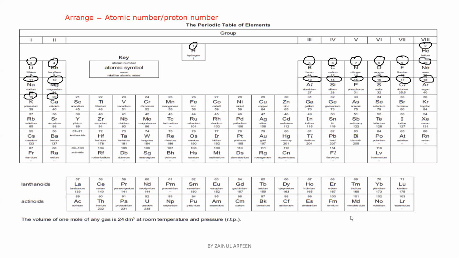So these elements are arranged, five is boron.